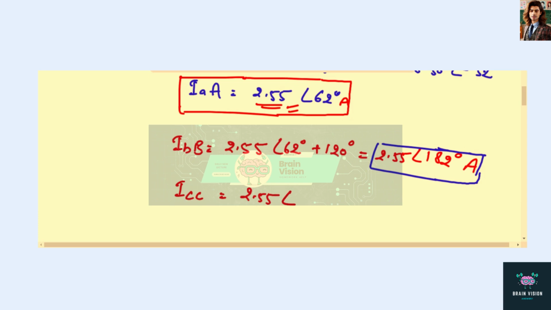So 62 minus 120 degrees gives minus 58 degrees, and the value becomes 2.55 angle minus 58 degrees amperes. This is the value of I_cC, and this is the final answer. So that's it for that.